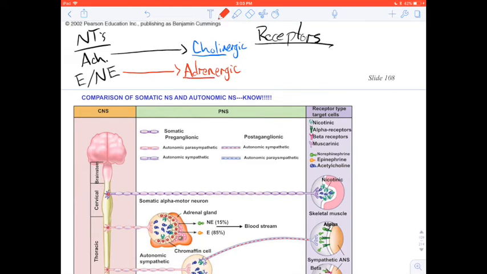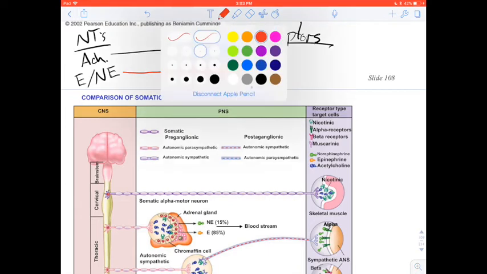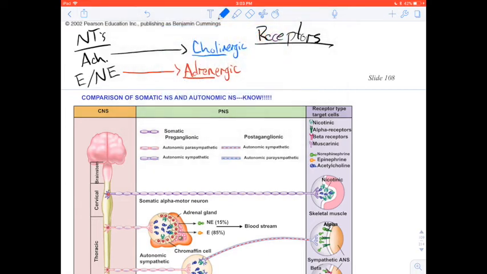And then these are going to fall into two different categories each. Right? So for cholinergic, we have nicotinic and muscarinic receptors. So we're going to call them nicotinic cholinergic receptors or muscarinic cholinergic receptors.